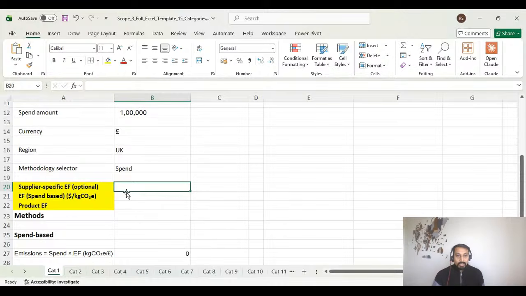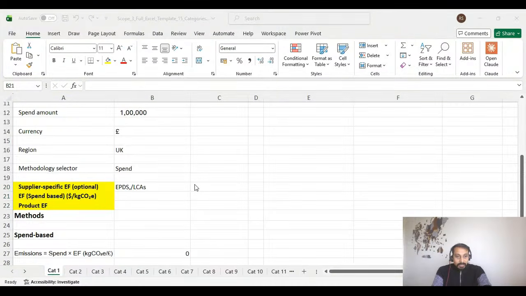If not, you can go with the emissions factor based on the scope 3 UK DEFRA or US EPA or any other emissions factors already published by a government entity. Those are the emissions factors beyond the supplier-specific ones, which depend on EPDs and LCA products.